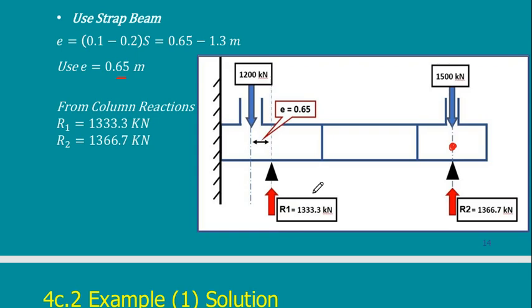If I can calculate R1, and I know that the sum of R1 and R2 should be equal to the sum of the original forces, then 1,200 plus 1,500 equals R1, which I calculated by equation now, plus R2. Then I can get the value of R2, so now I have R1 and R2. So I managed now to replace these two blue arrows with these two red arrows.